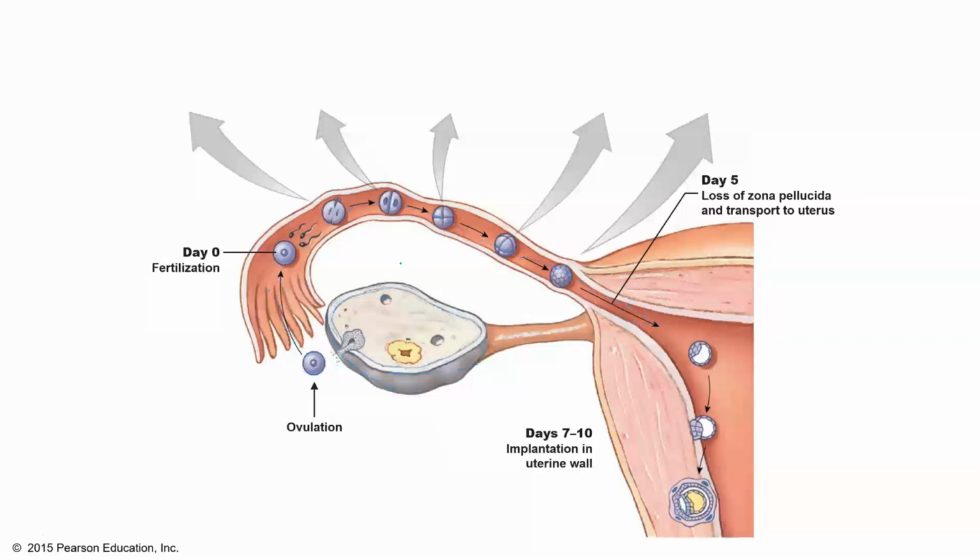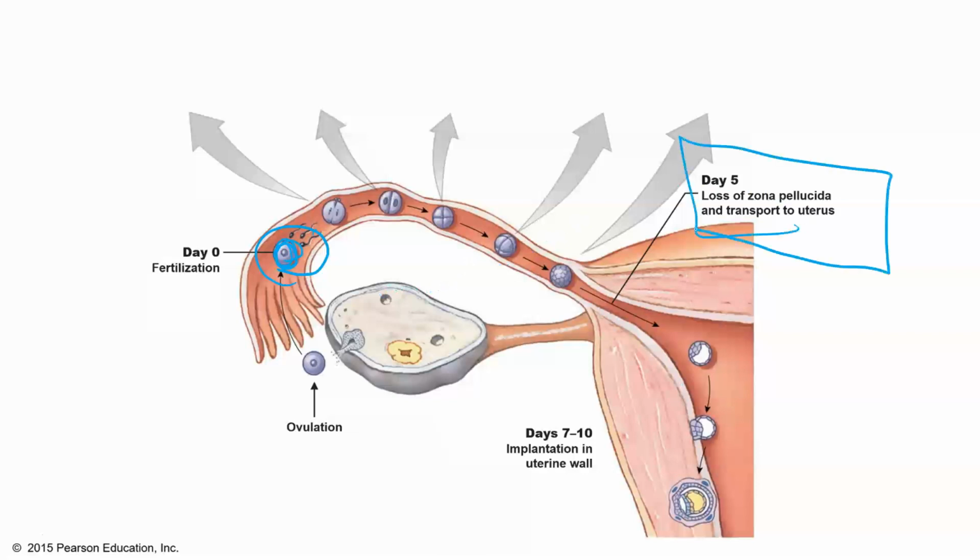Now, if fertilization is going to lead to the implantation of a viable embryo, fertilization needs to happen up here closer to the very end of the fallopian tube. The reason for this is that there's a sheath that wraps around this cell called the zona pellucida, and the embryo almost needs to hatch out of that before it can attach to the epithelial cells of the endometrium here. Well, that hatching doesn't really happen until about day 5.